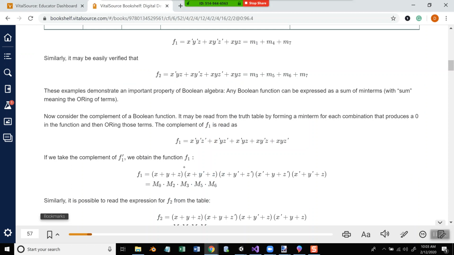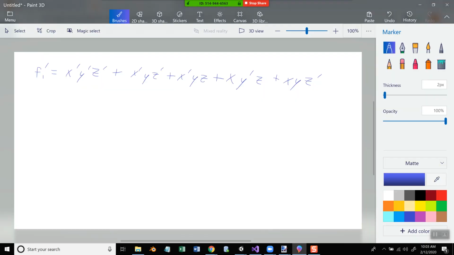Now going in reverse, when we take the complement of it, notice that each one of these, x prime, y prime, z prime, flips to x, y, z. The multiplication in here becomes addition on each one of these. And then the plus, the OR that's in between each one of those, becomes our multiplication, our AND. So like this, these pluses here become the multiplication.